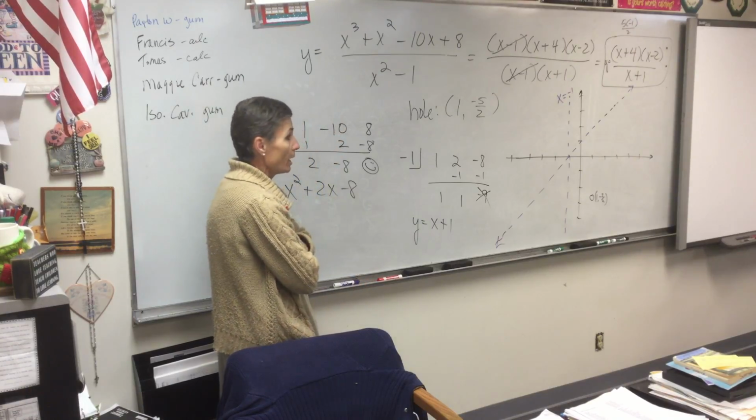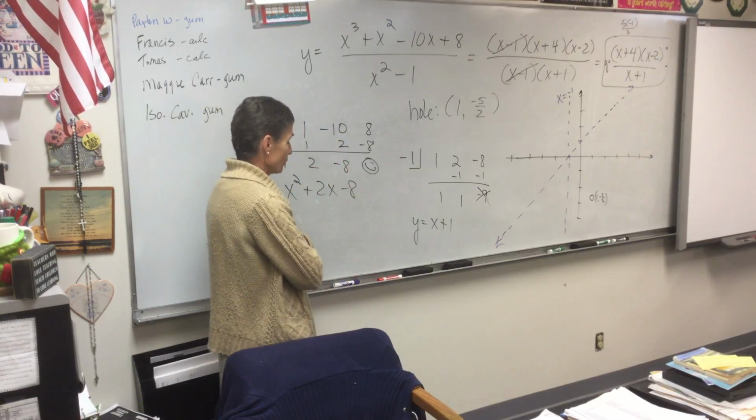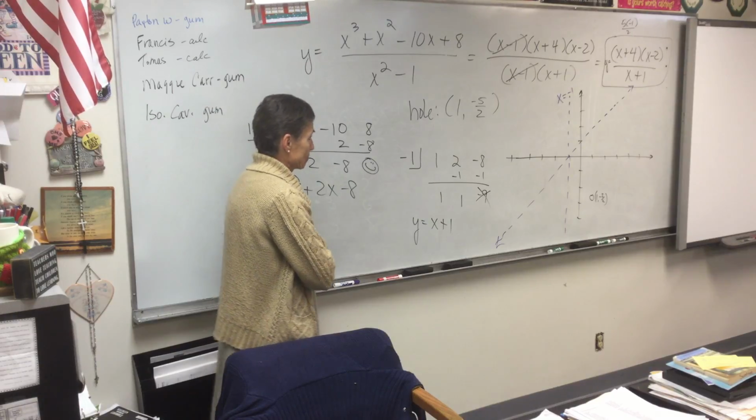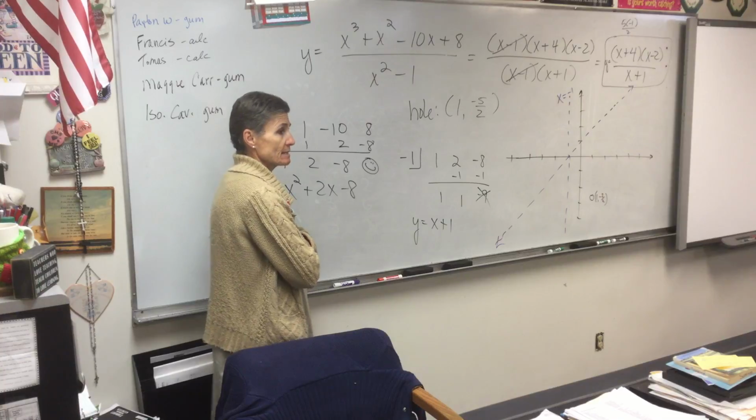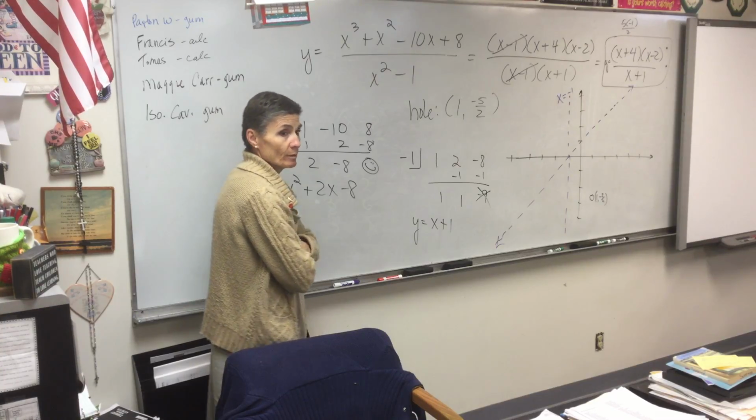So those are the two lines now that are going to contain the curve. Don't start drawing anything yet, there's a couple things missing. What do we still need? Intercepts. We need our intercepts.